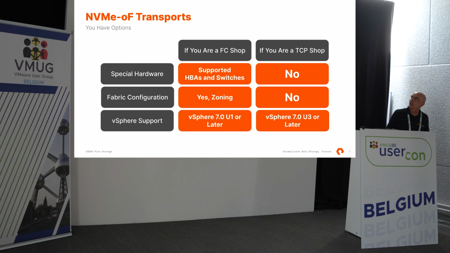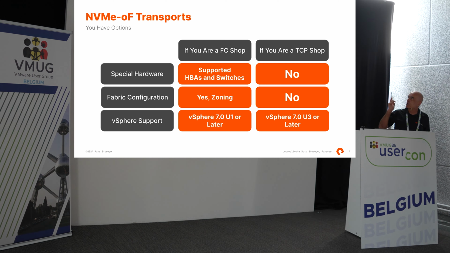For Fiber Channel, you need specific HBAs and switches that can support NVMe. For the fabric configuration, it's the same thing that you have today for SCSI: you have to apply zoning on the switches. And specifically for vSphere support, you need to be on vSphere 7 Update 1 or later.